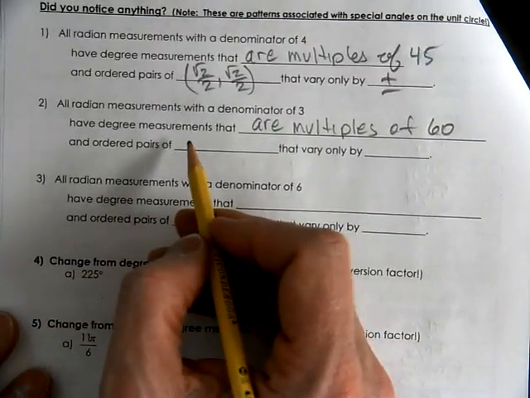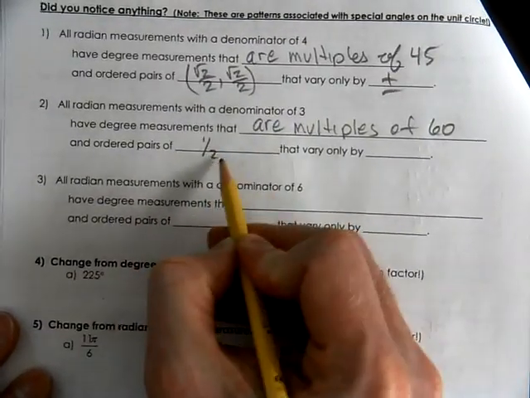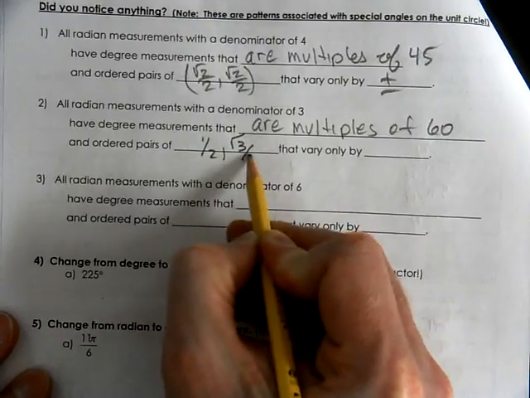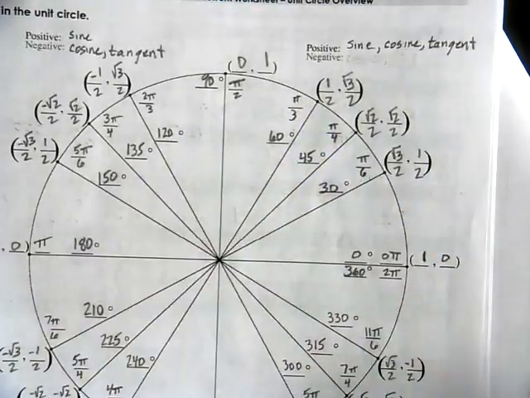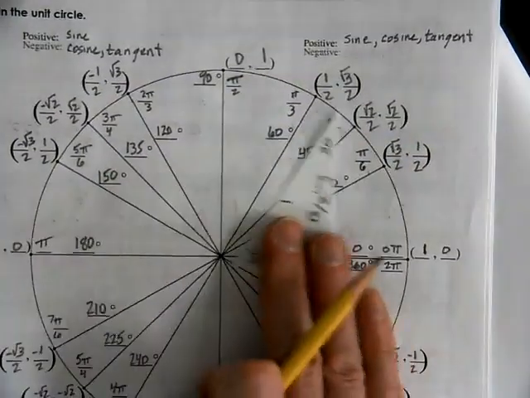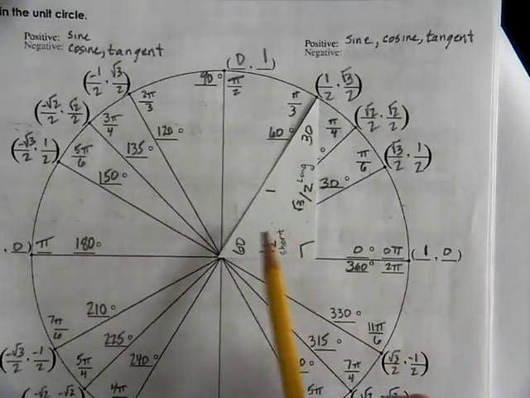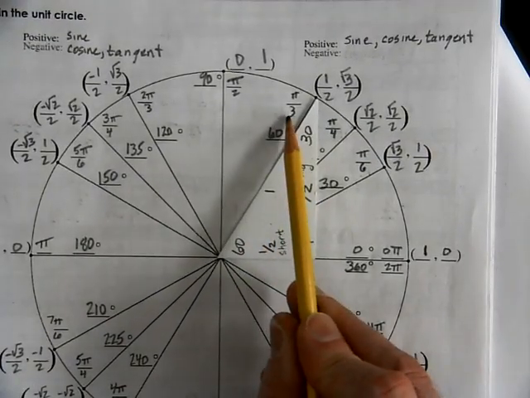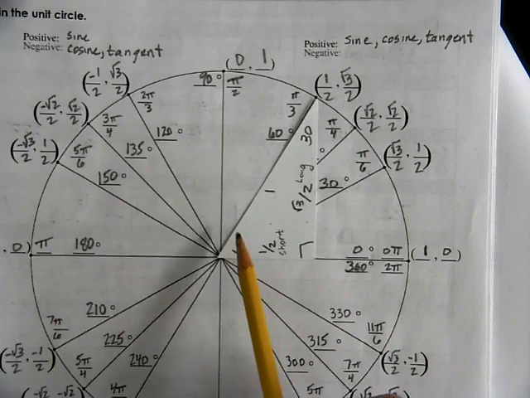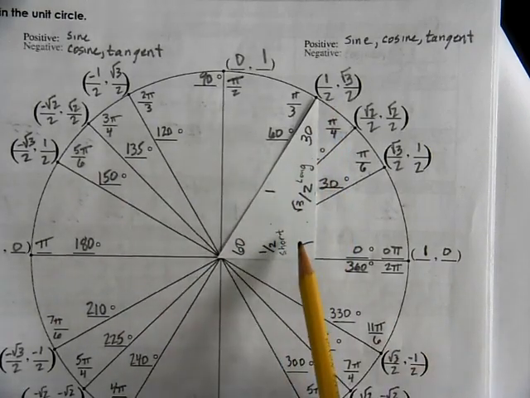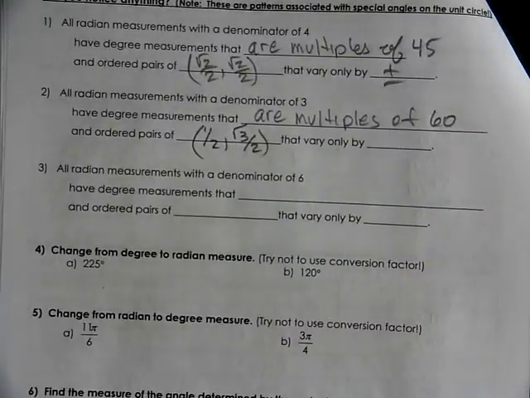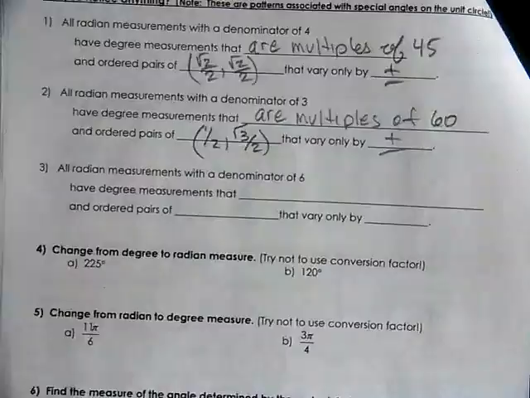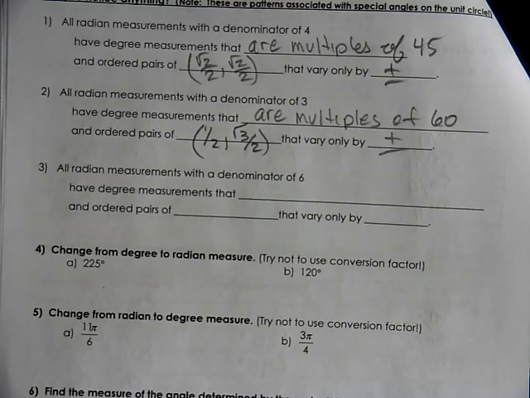And their ordered pairs are over a short distance and up a long distance. Short, long. That's going to look like this. So every one that has a denominator of 3 is 60 degrees away from the x-axis. They're all short side, long side, x, y, horizontal, vertical. And they only vary by plus or minus depending on which quadrant they're in.